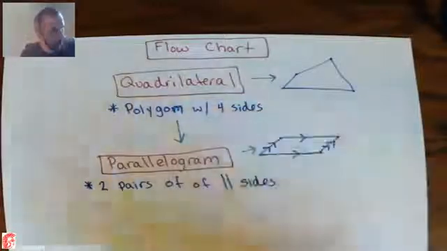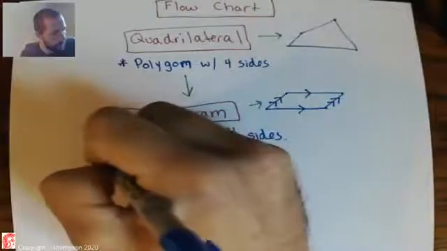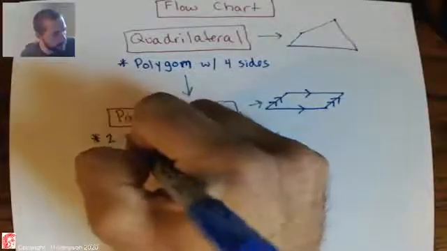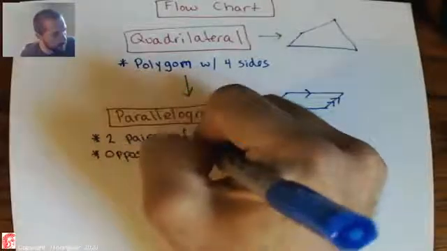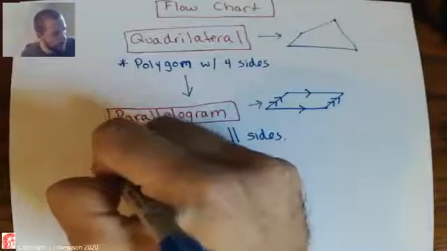Okay, then we also discussed that a parallelogram has opposite sides congruent. Opposite angles are congruent.